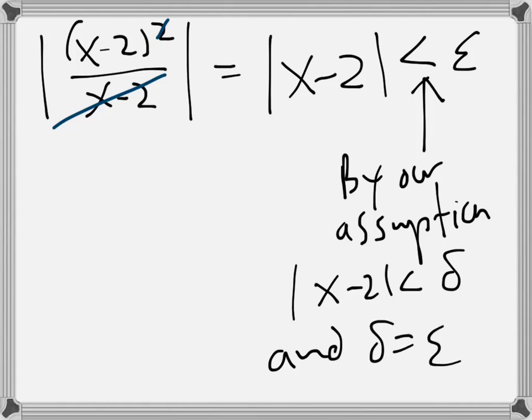So the proof works by assuming x minus 2 in absolute value is less than a certain delta, and we chose delta equals epsilon. Because we start with that assumption, we can just say, well, x minus 2, we already assumed that that's less than epsilon in absolute value. And that completes the proof there.